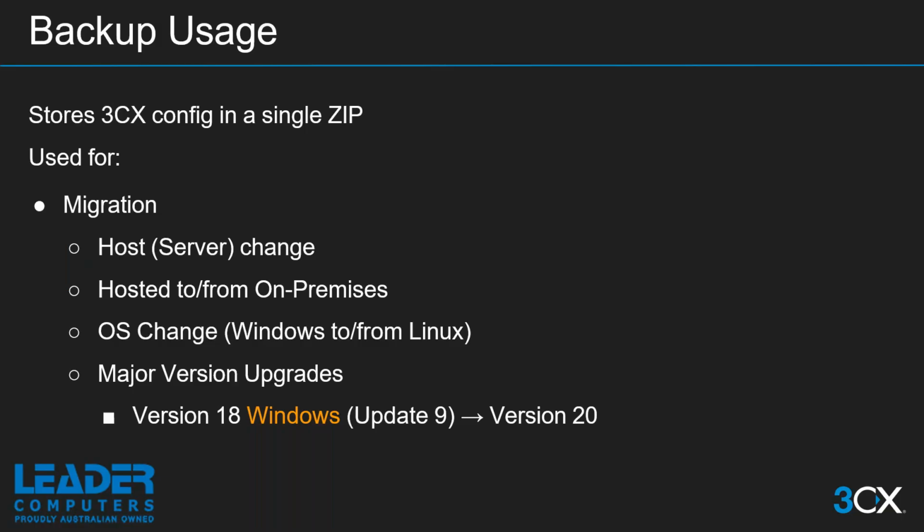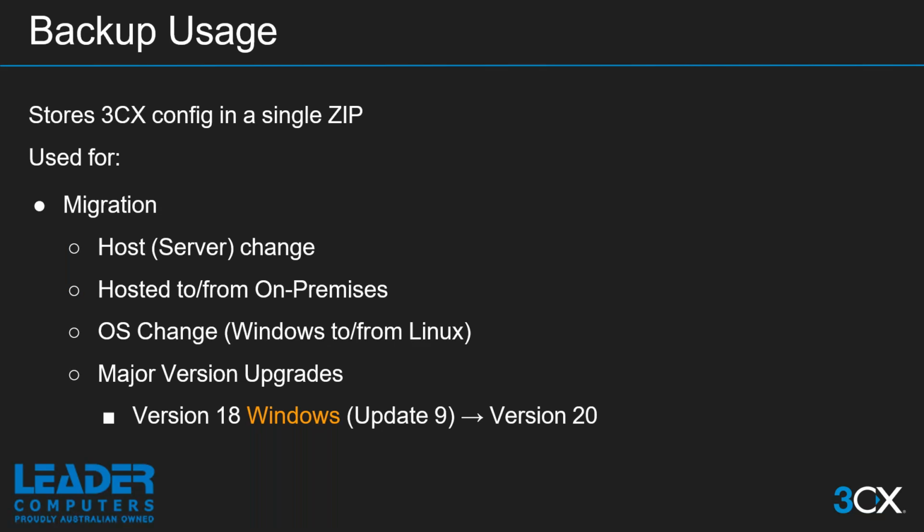For a host server change, for example, let's say you're hosting on premise or locally on a bare metal NUC and you want to switch to a self-hosted Lightsail instance, it's good to take a backup. Or if you have an old server or bare metal NUC and want to put the same system onto a newer version, you can take a backup and install it there. Or for an OS change, from Windows to Linux or Linux to Windows, you can take a backup and restore it.